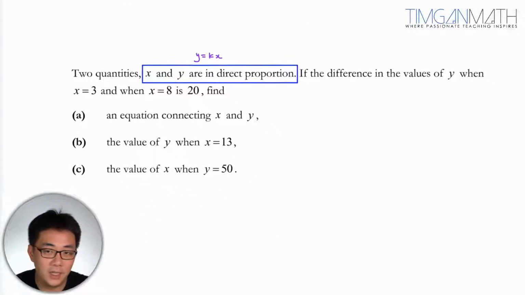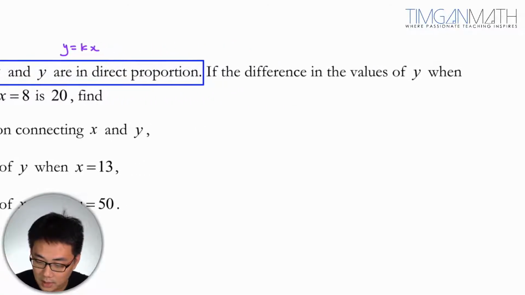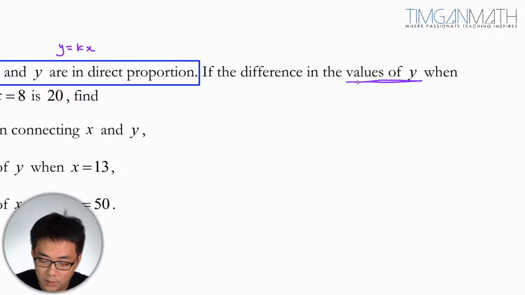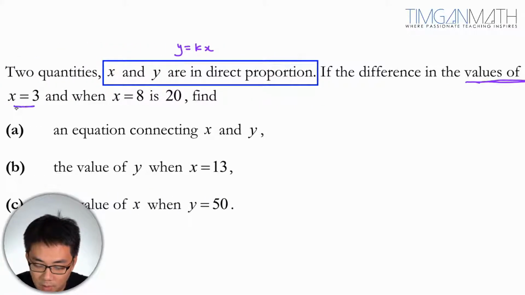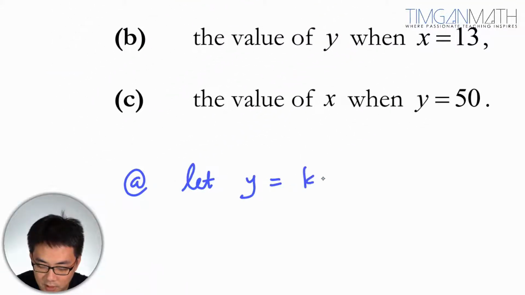Both are fine. If the difference in values of y when x is 3 and when x is 8 is 20, what we could write down here is, let y equals kx first.